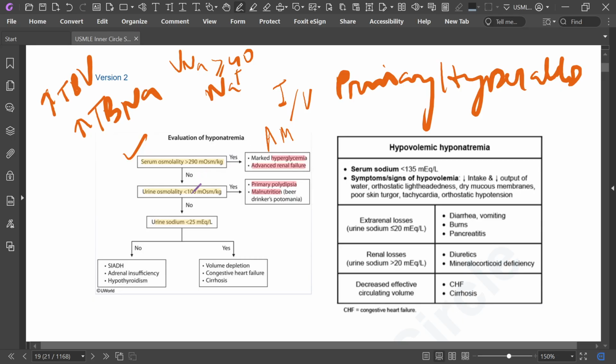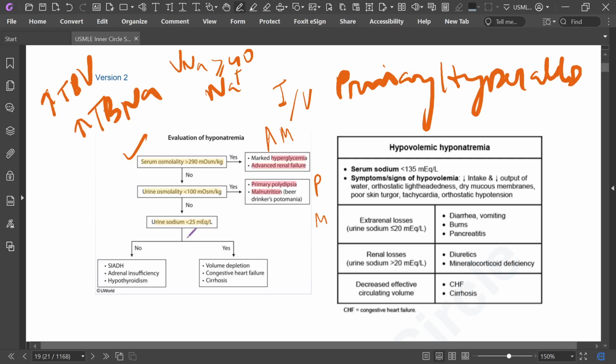If urine osmolarity is less than 100 milliosmol per kg, then it is PM: primary polydipsia, malnutrition, beer drinking or potomania. If urine osmolarity is not less than 100, do urine sodium.